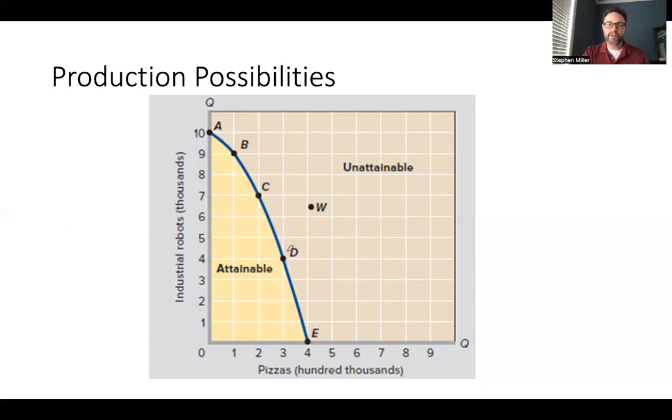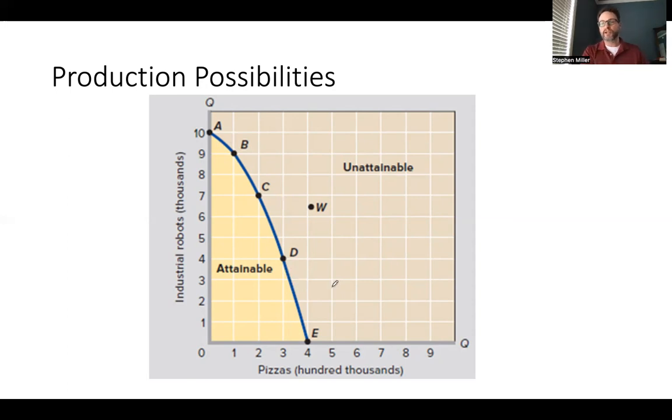You also have the way this one is drawn, it's not a straight line, it actually curves out. And when it curves out, that means that you have increasing opportunity costs. That is, in this example, right? As this economy goes from producing nothing but robots to producing more and more pizzas, every time they produce an extra 100,000 pizzas, they give up more robots than they did before.